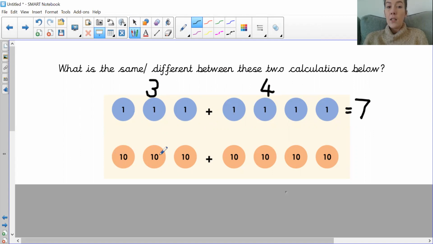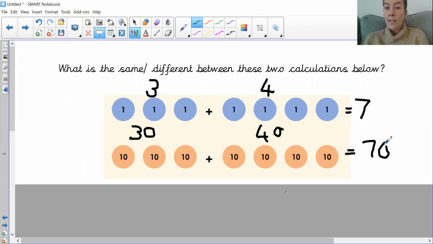Then we've got 10, 20, 30. It should be becoming a little bit clearer. We've got 10, 20, 30, 40 on this side. We know that 30 add 40 equals 70.